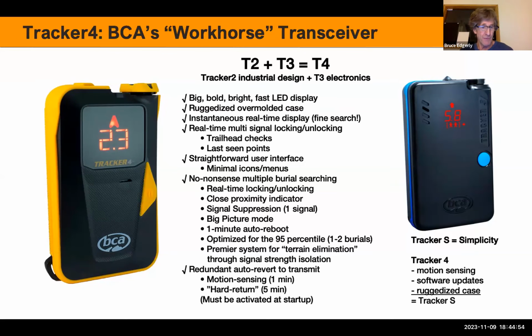One way we were able to achieve our real-time display and real-time locking and unlocking is because we only study and crunch all the numbers on the two closest signals. And that enables us to process less information and to maintain our real-time display. The trade-off is, well, we can only mark one victim.